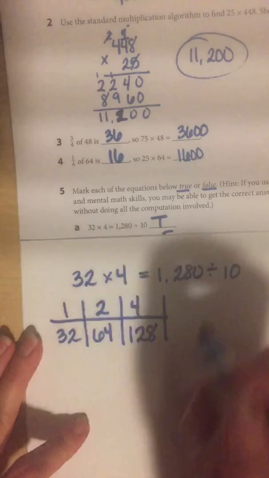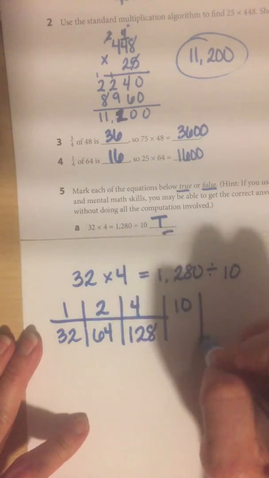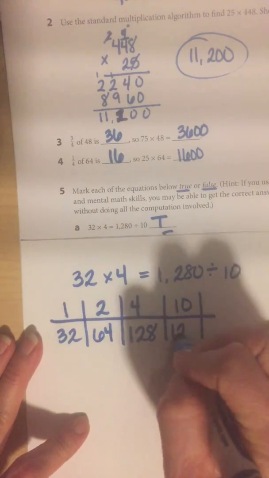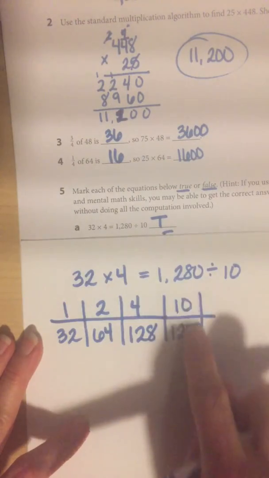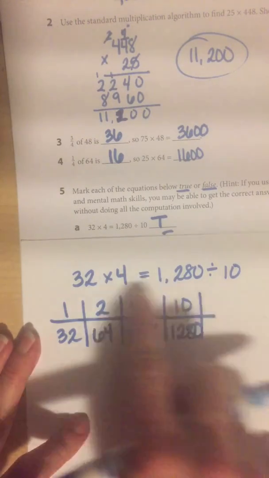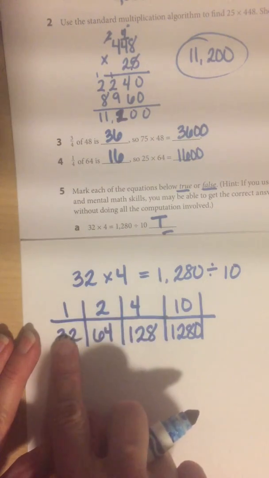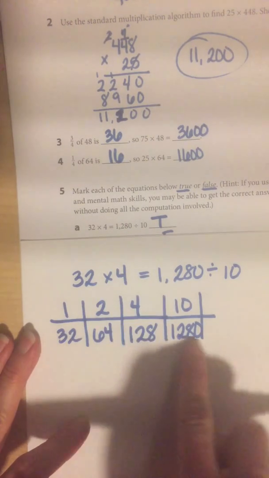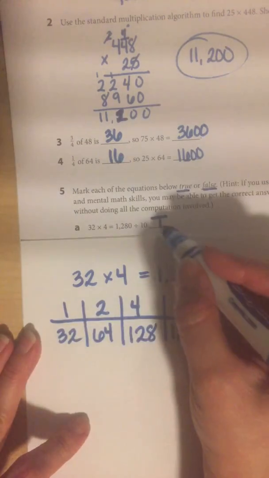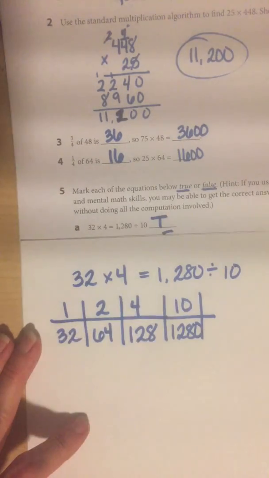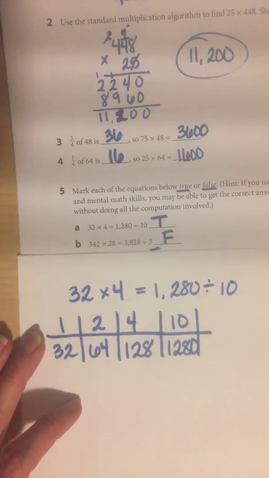So if I have 128, well, what is 10? 10 would be 1,280. So is it the same? 32 times 4 is 128, and 1,280 divided by 10 is 128. Yes, they are equivalent. It is true. Okay, the next letter is B.